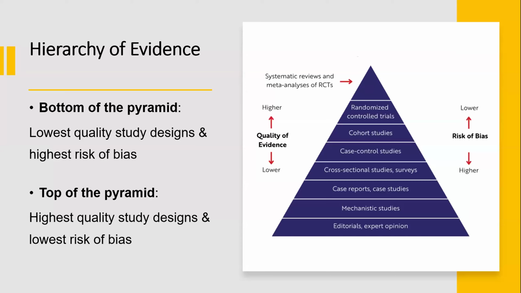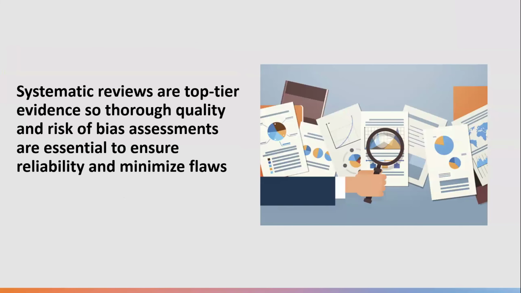That means the cross-sectional studies, case control, or any other kinds of studies like editorials or expert opinion, they are considered to be high risk of bias and also considered as a low quality of studies. When we look at the top of the pyramid, we have randomized control trials, systematic review and meta-analysis. It is considered as the highest quality of the study designs and is also considered to have the lowest risk of bias.